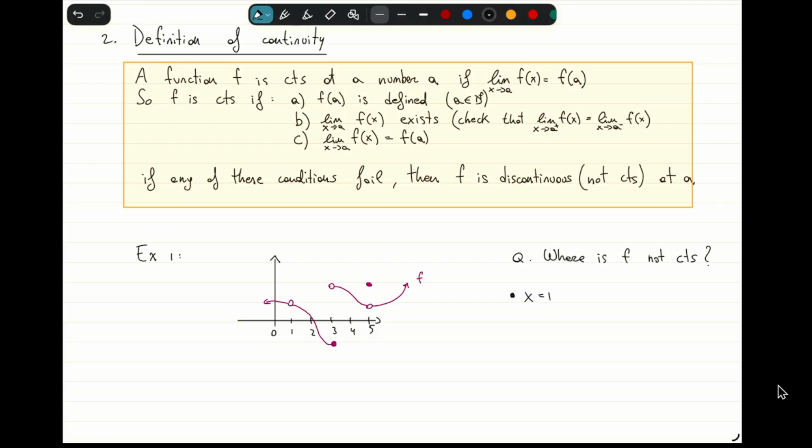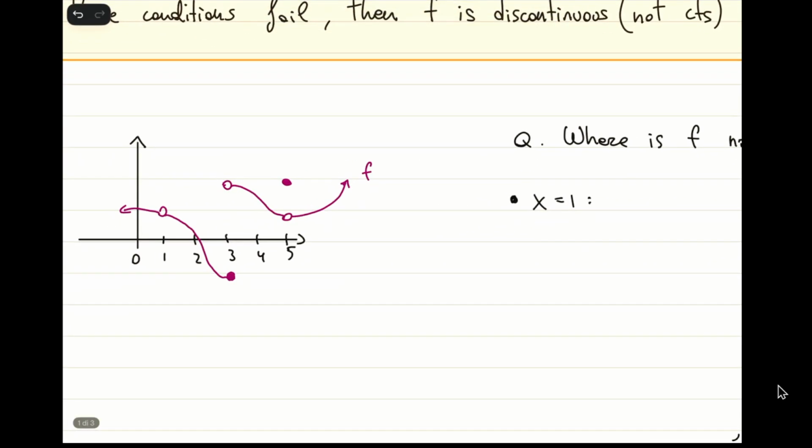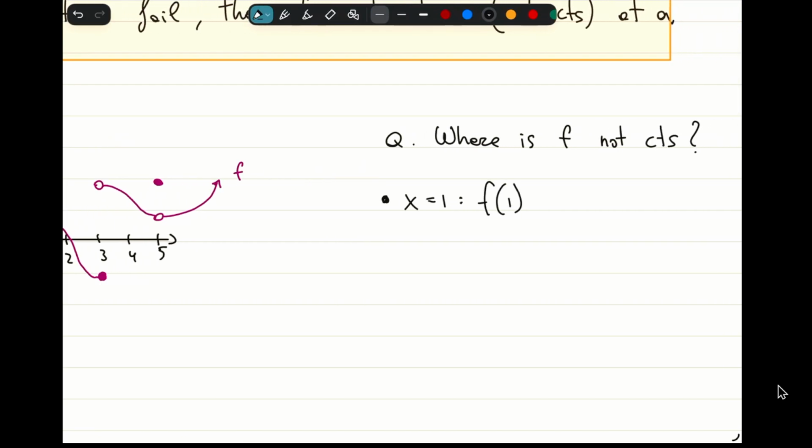Well, the answer is no, because our point is white. So again, if a point is white, that means we're going up, up, up to this point, but we don't really care what's here. So in this case, f of 1 is not defined.